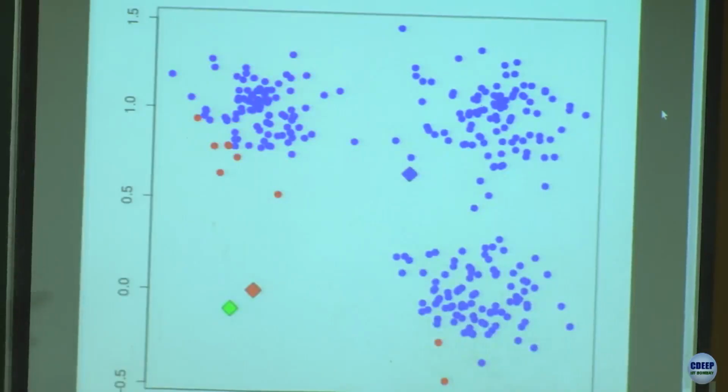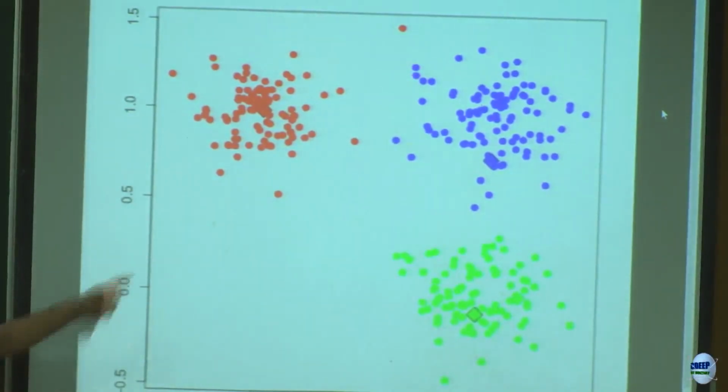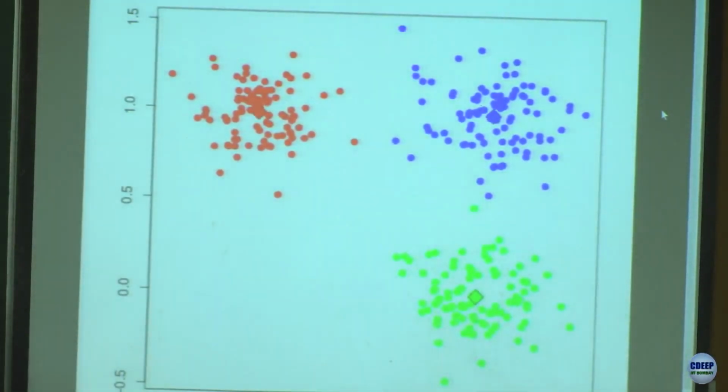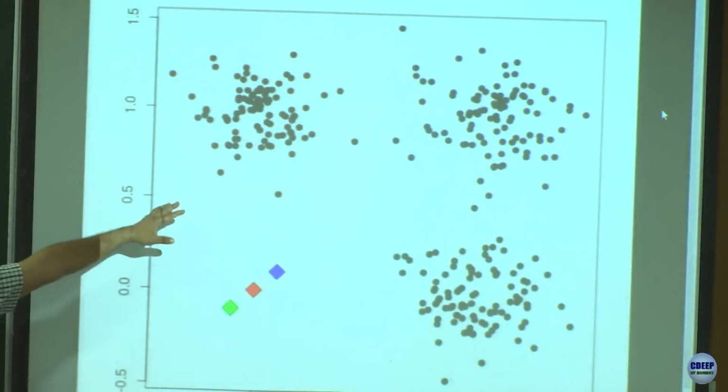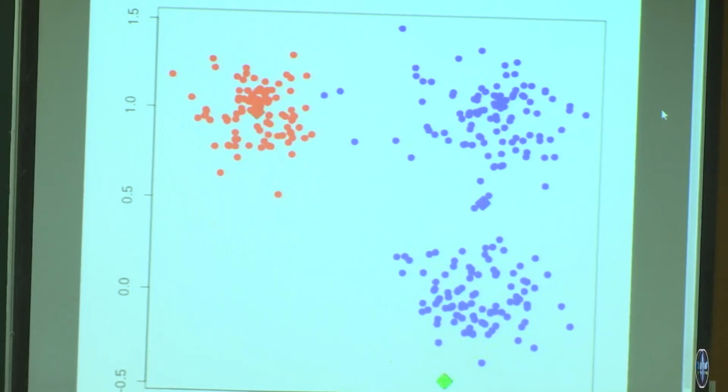Now the points are not colored, but even these are the cluster centroids, the blue and the green, and the points are assigned membership to the cluster centroids. Again we start. Okay, so I don't know how to slow this down, but as you can see, in every alternate iteration the cluster centroid is updated, and in every other alternate iteration the membership of the points to the cluster centroids is updated.